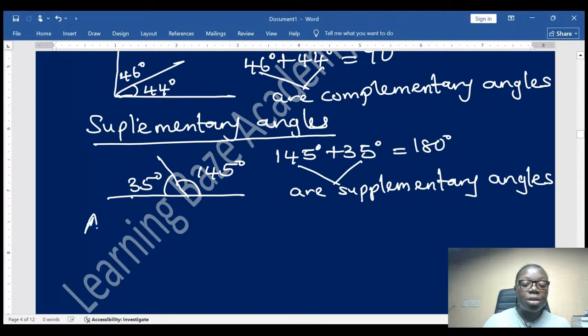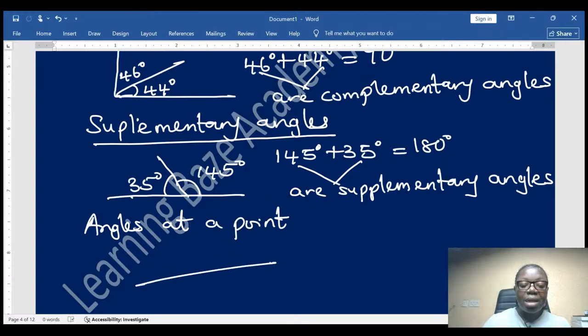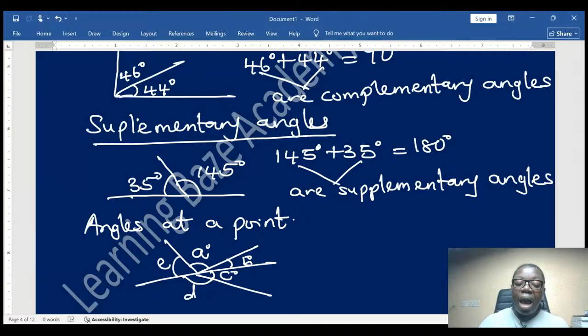Now let's talk about angles at a point. I explained this last time. Angles at a point equal 360 degrees. You can have angles at a point coming any way. So if you have angles A plus B plus C plus D plus E, anytime you have all angles meeting at a point, they are angles at a point, and angles at a point equal 360 degrees.